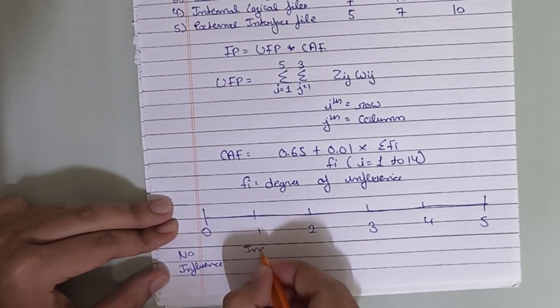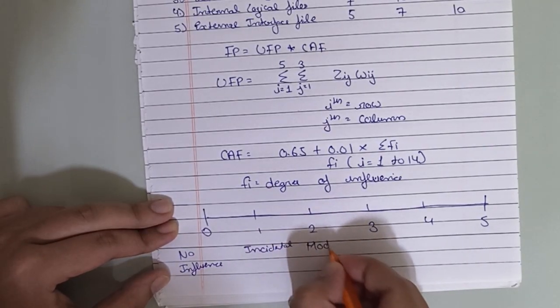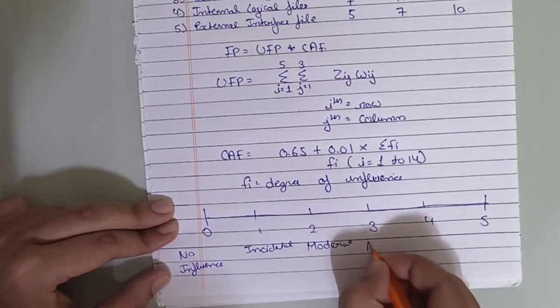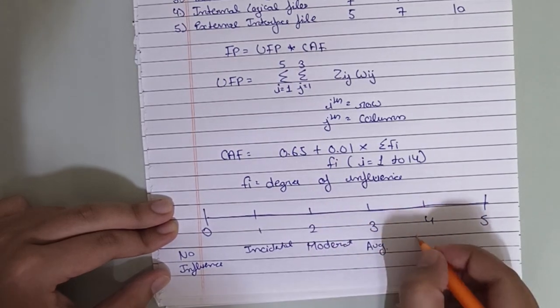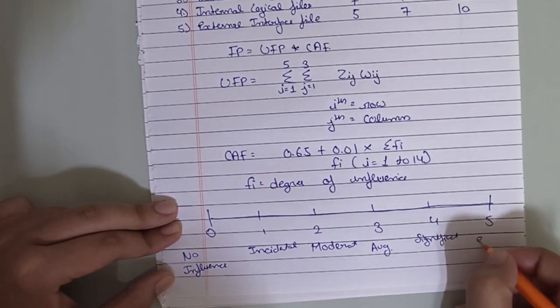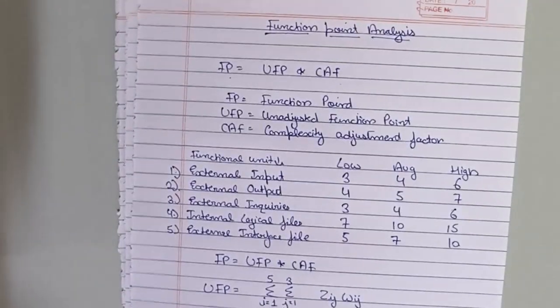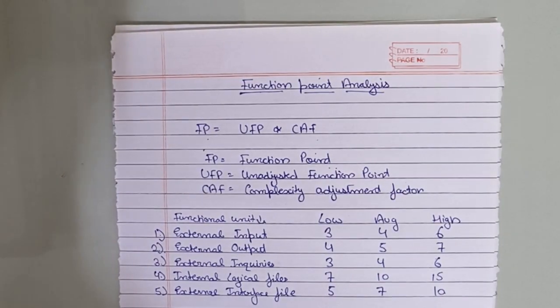At 1, incidental. At 2 is moderate. At 3 is average. At 4 is significant. At 5 is essential. So this is all about the function point analysis formula.